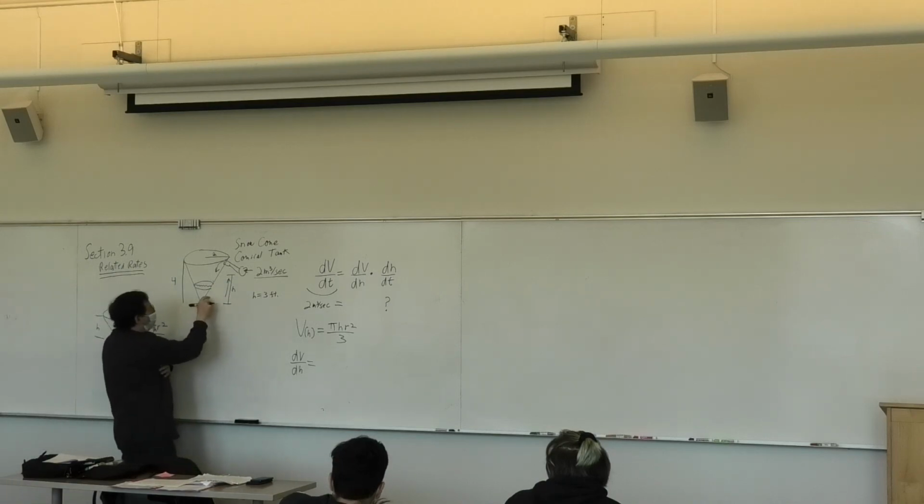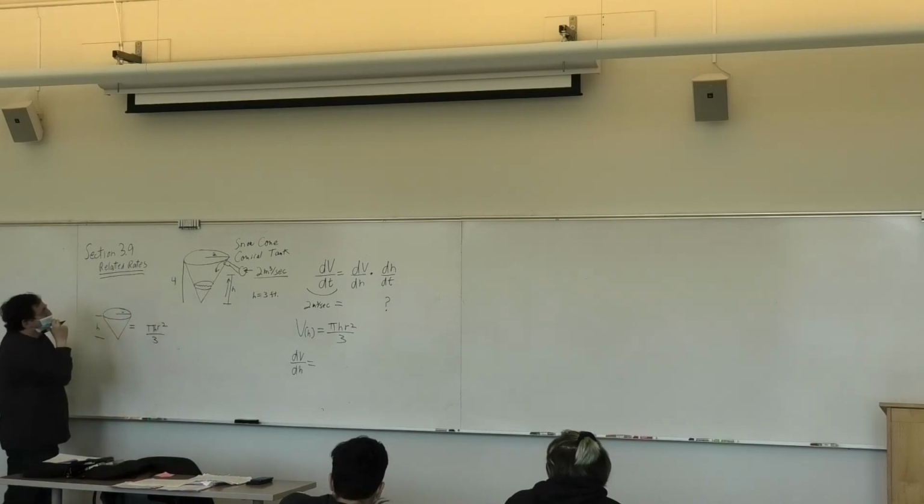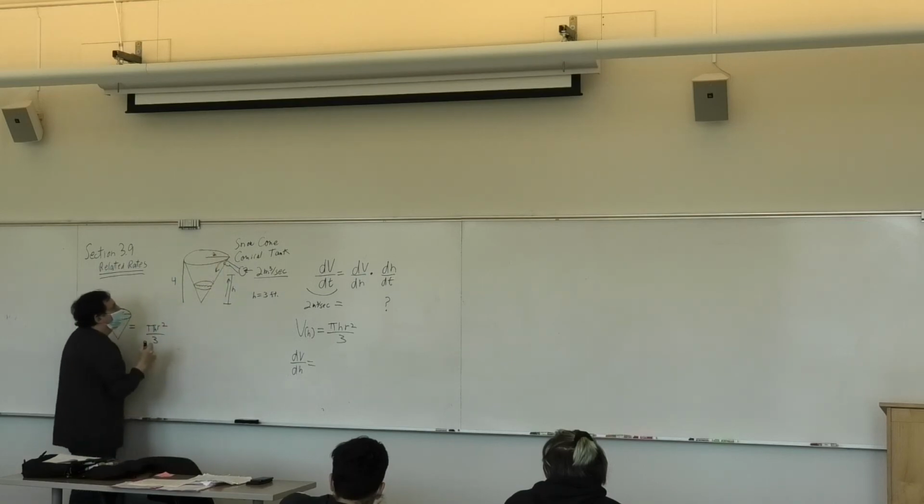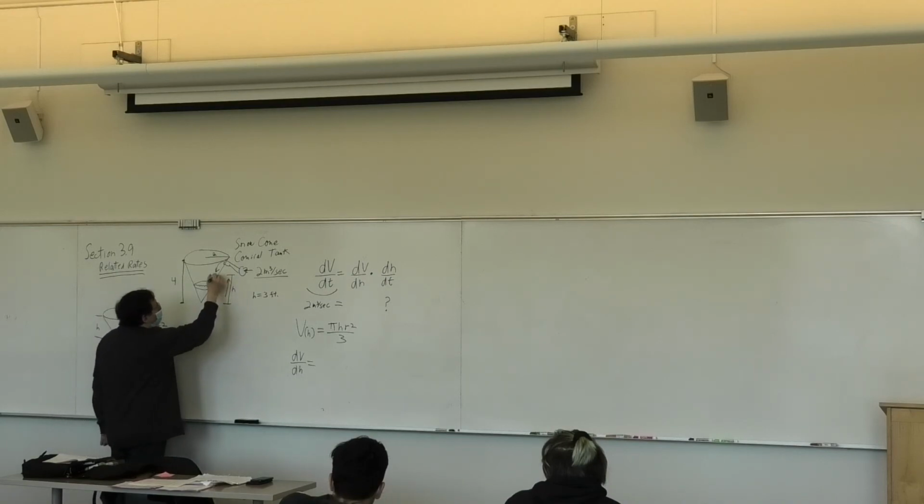I'm going to have to think about this. The radius at the top of this thing is 2, when the height is 4. What's the radius when the height is h?